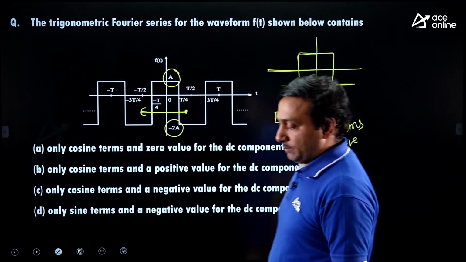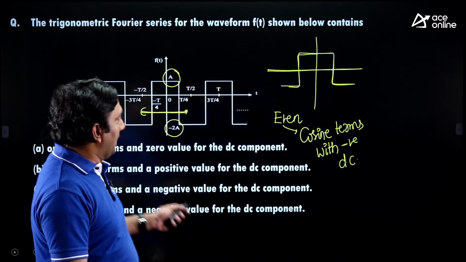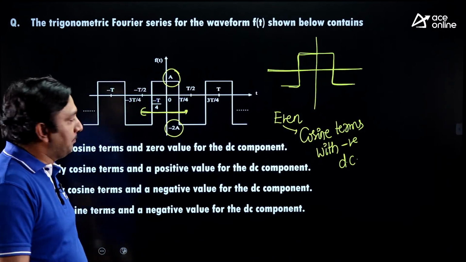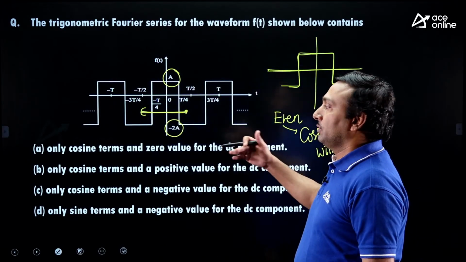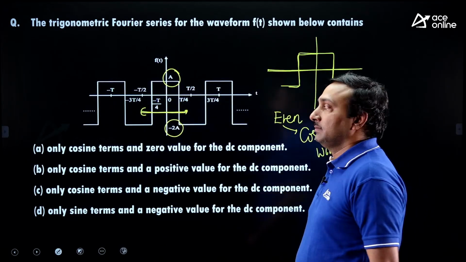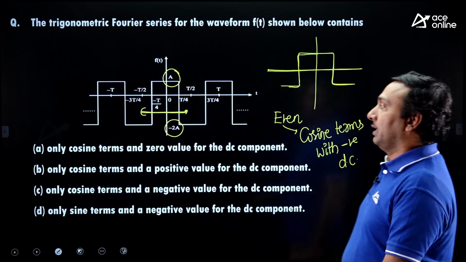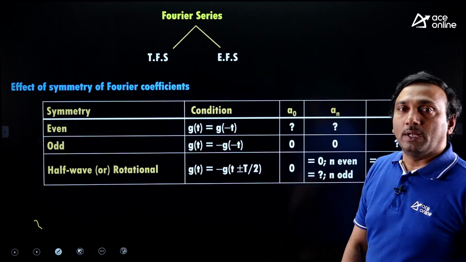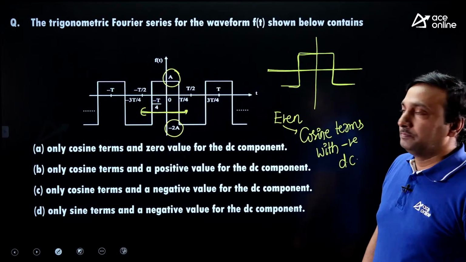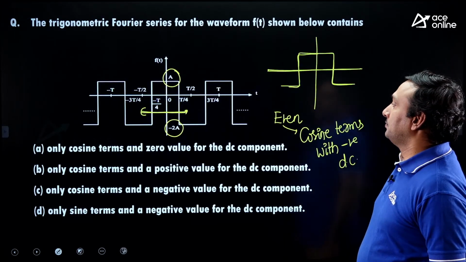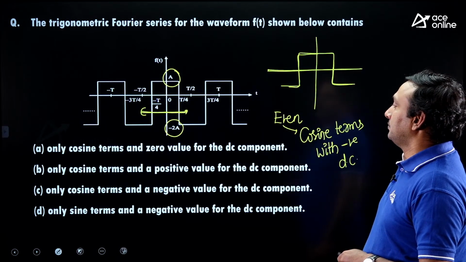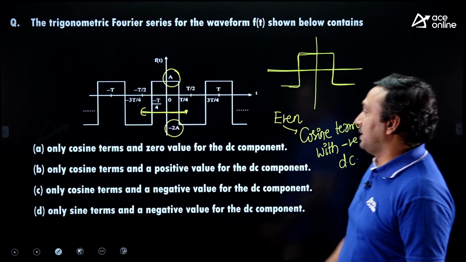The negative excursion has more amplitude. So cosine terms with a negative DC component. This type of models they will frame, so you must be thorough with this particular table. So option C you can say.